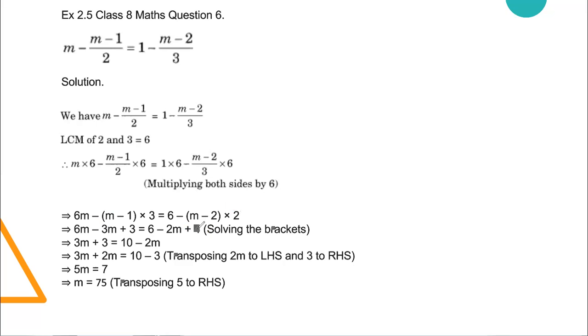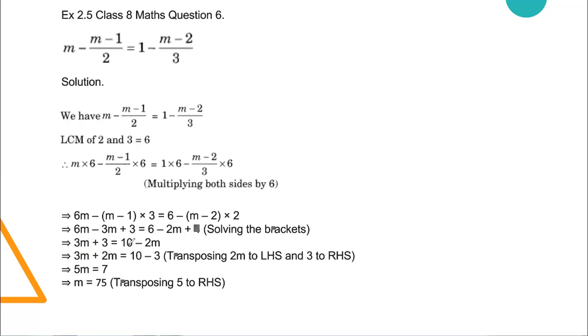Now going ahead, how do you solve this? It's pretty simple. 6m minus 3m gives you 3m, plus 3 is written as it is, okay? Now how do you go forward is quite simple, guys. 6 can be added with 4, that gives you 10, and minus 2m is written as it is. Now, how do you solve this further?